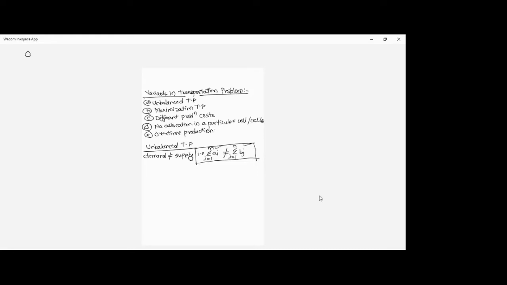This is the mathematical representation of demand and supply which are not equal. That is, demand is not equal to supply, and that is called an unbalanced transportation problem.